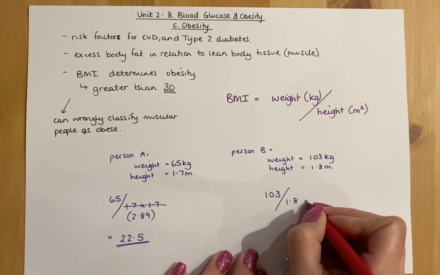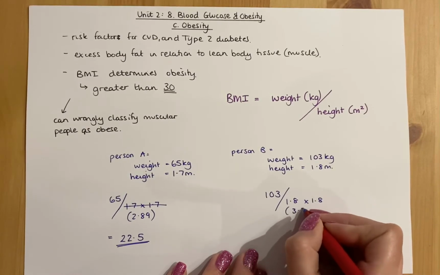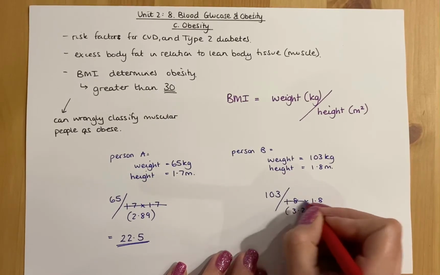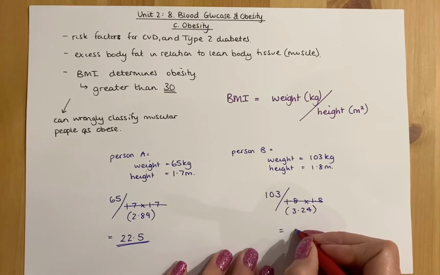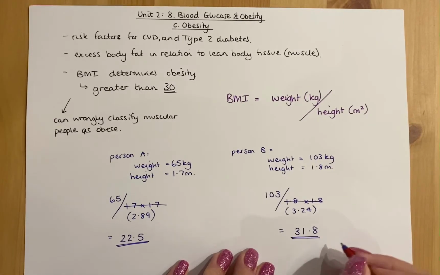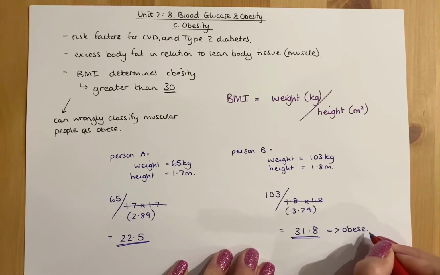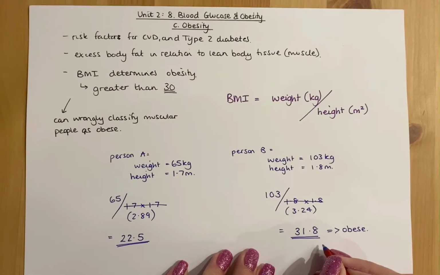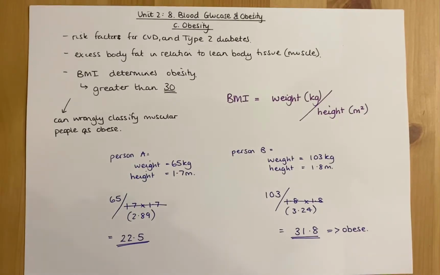So it would be 1.8 times 1.8, which gives us the answer of 3.24. So we'd do 103 divided by 3.24, and that gives the value of 31.8 as BMI. Now this person, therefore, is obese as their BMI value is over 30. Now BMI doesn't have a unit, so you would just have a value of 31.8 for that.